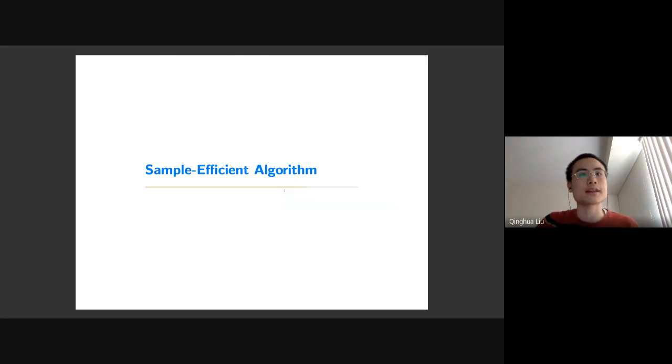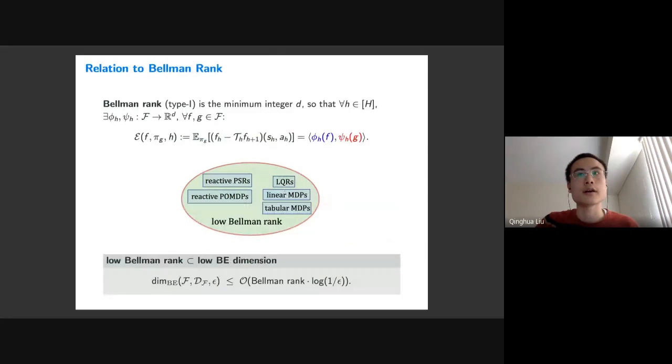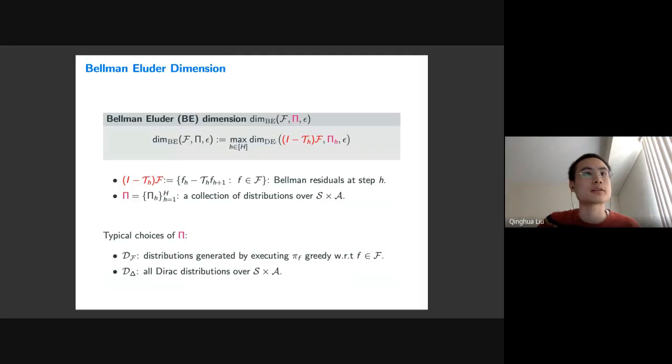I think it's slightly different because if we go back here and look at this definition of Bellman Eluder Dimension, actually we are looking at the Bellman residual.